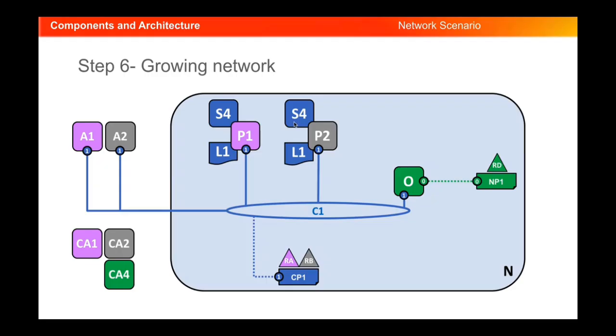The same smart contract, S4, has been deployed, and there is a ledger for that particular node P2. And here application A1 is governed by organization A and application A2 is governed by organization B, as well as P2 is also governed by organization B.